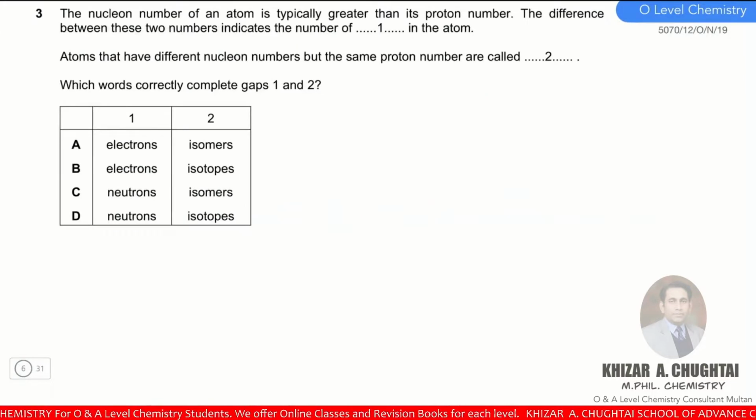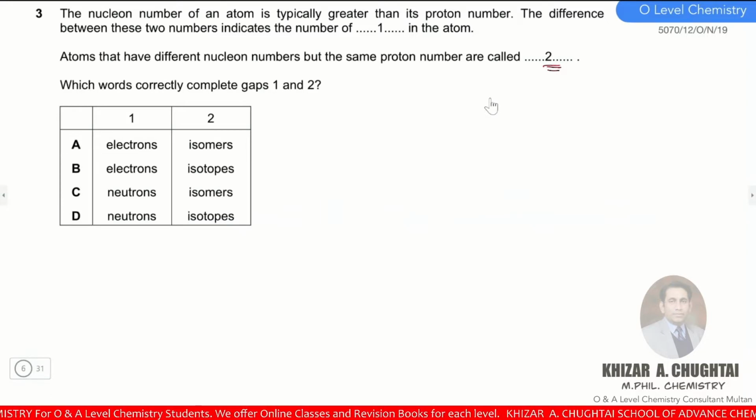Question number 3. The nucleon number of an atom is typically greater than its proton number. The difference between these 2 numbers indicates the number of 1 in atoms. Atoms that have different nucleon numbers but the same proton numbers are called, what is this one? Just fill in the blank.